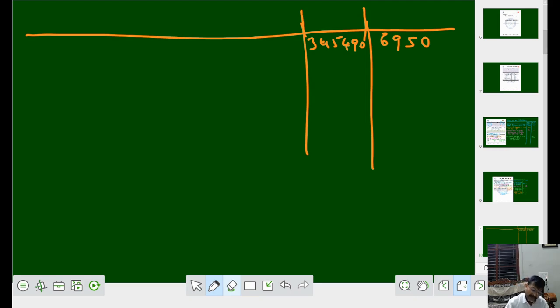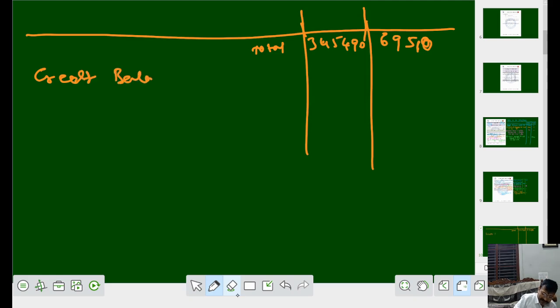So the debit side you have 3 lakh something, credit side you have 64,510 rupees. Now, which side is less? Credit side. So for this you can write the total here.